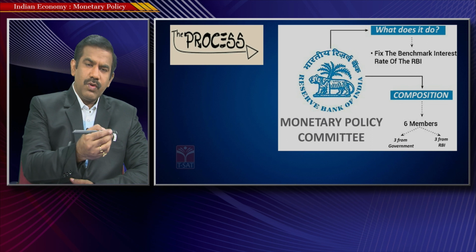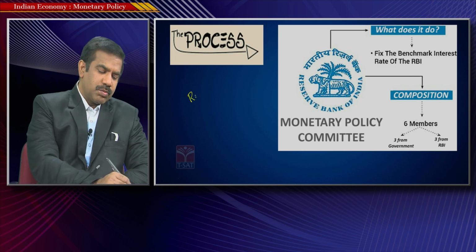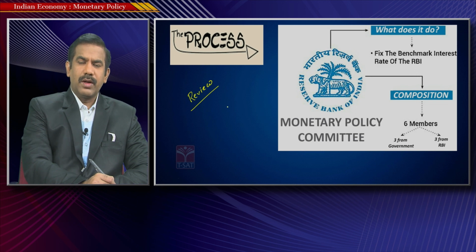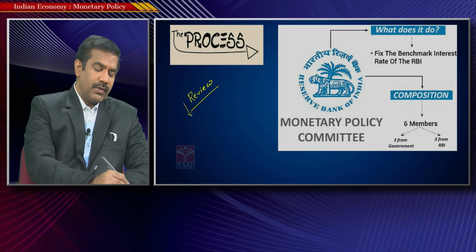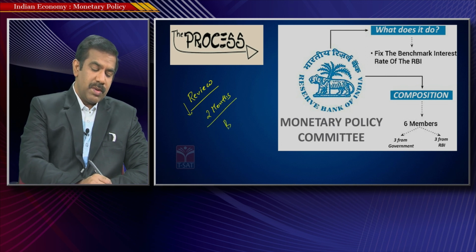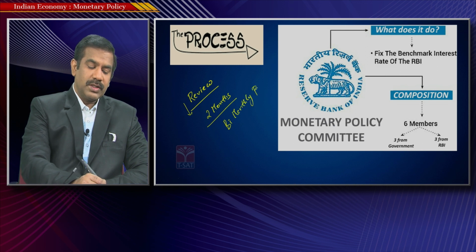And in India, we have a review of this monetary policy. Whatever policy the RBI has formulated and anticipates implementing for the next one year, the RBI keeps reviewing and revising once every two months. That's the basic reason we call this a bi-monthly policy review. So every two months, the RBI keeps reviewing the policy.